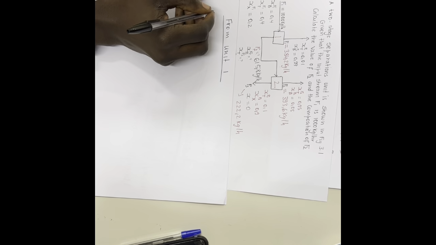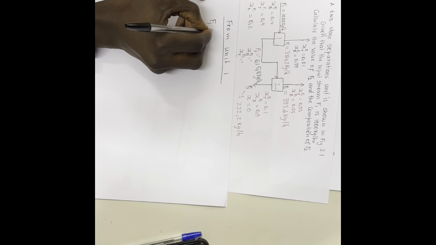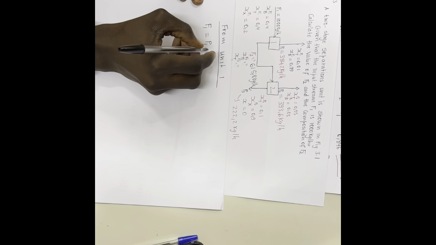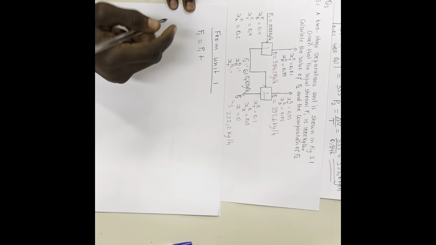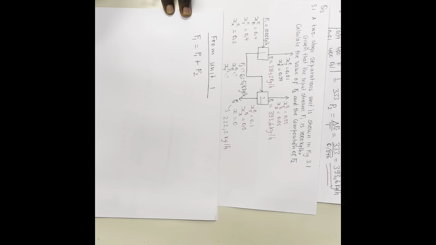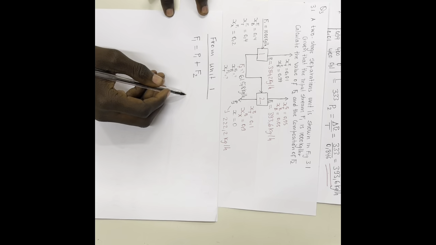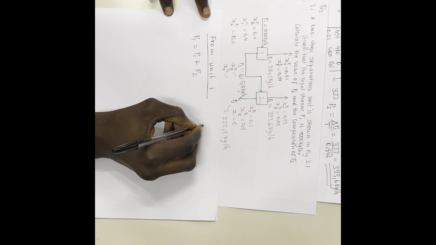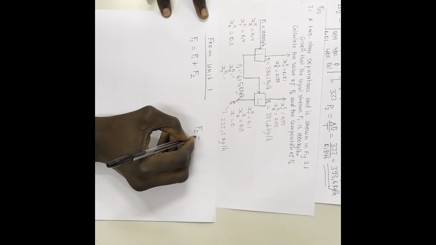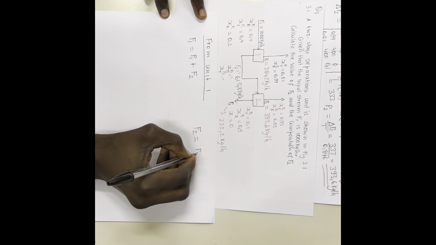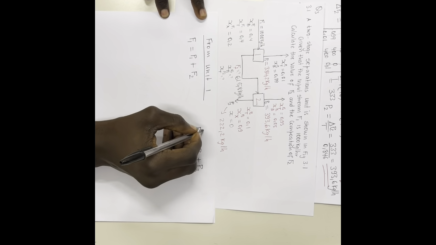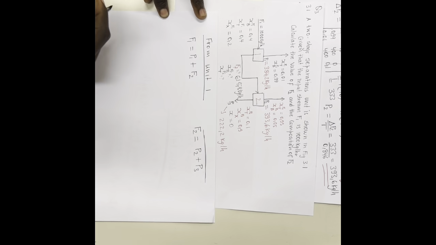We said F1 was P1 plus F2. If you want, you can use this, P2 plus P3, and let me know if you find the same result. Follow the one I'm gonna solve here, but if you use this, you're still gonna find the same answer.